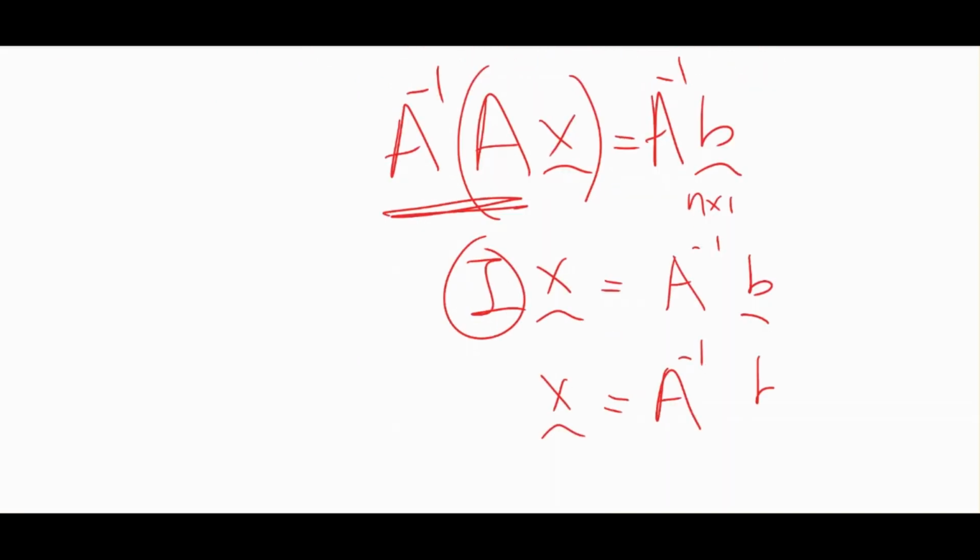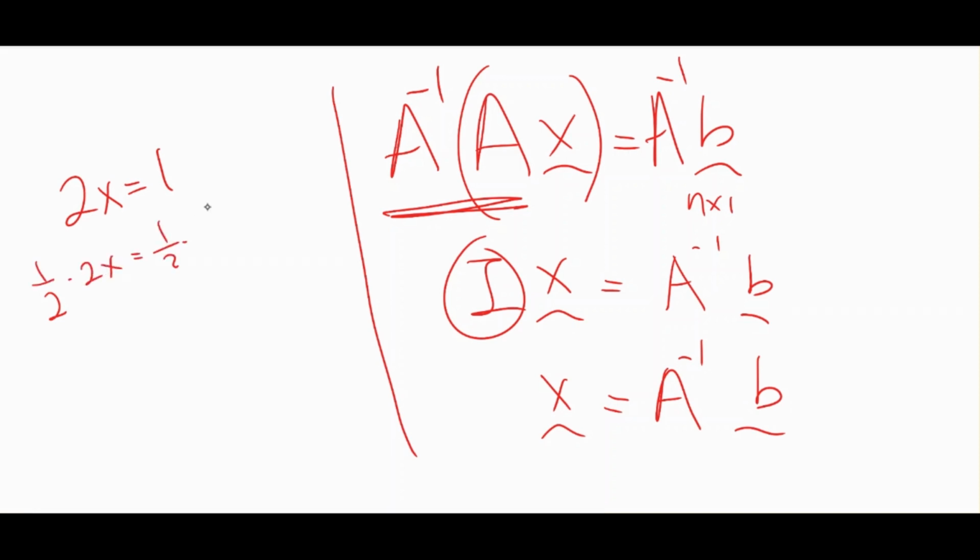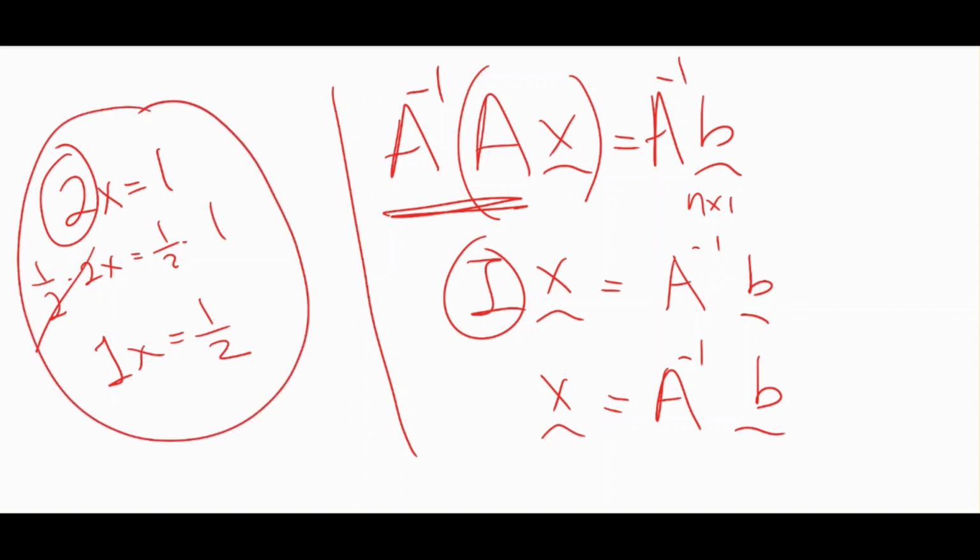So this is very similar to how you solve equations like this. You multiply by the inverse of 2, so this one gives you 1x and this one gives you the right side divided by 2. So if this one is non-zero, a solution like that is always unique. This is something that is parallel to it.